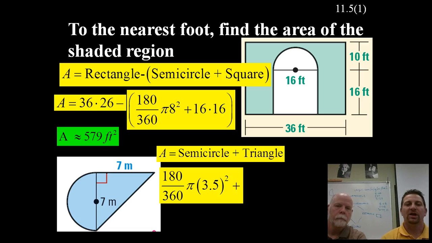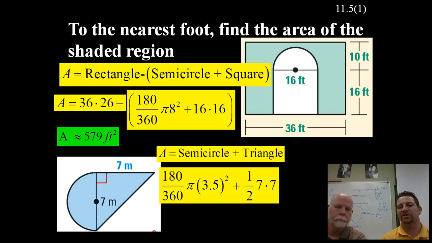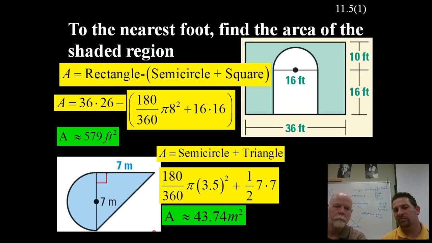Plus, since it's a right triangle, the 7 is the base and the 7 is also the height here, and so you don't have to worry about drawing in an altitude or anything like that. So it's 1/2 of 7 times 7. Do all the math, 1/2 pi 3.5 squared plus 1/2 of 49, and you get approximately 43.74 meters squared.